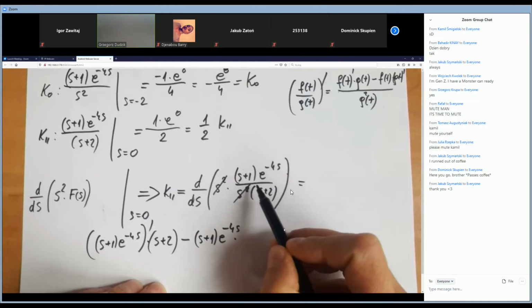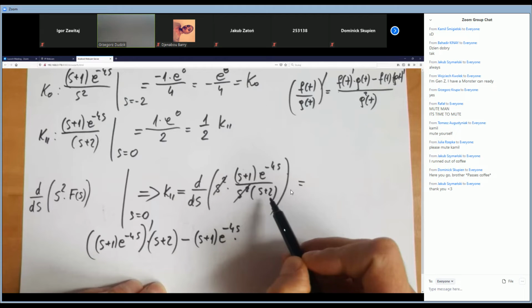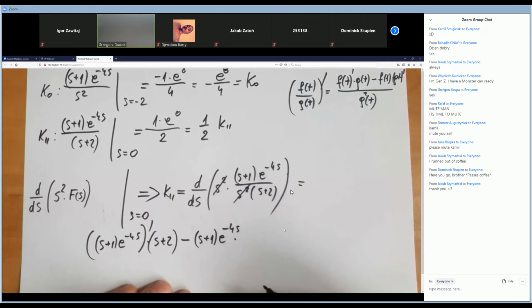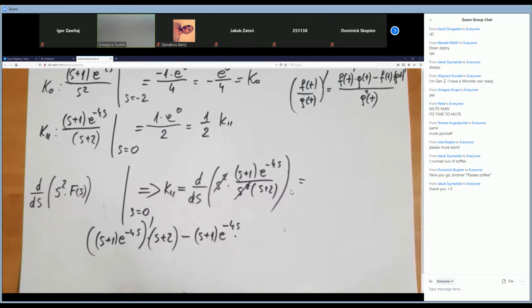What is the derivative with respect to s of s plus 2? Do you know? What is the derivative with respect to s of an expression like s plus 2? How many? 1.